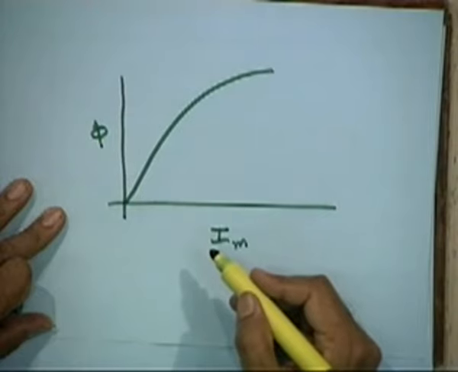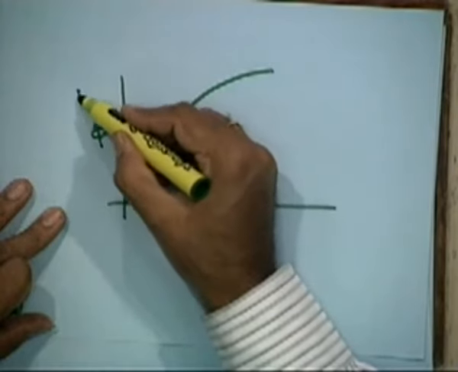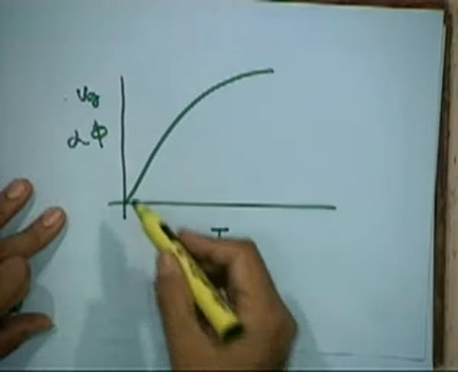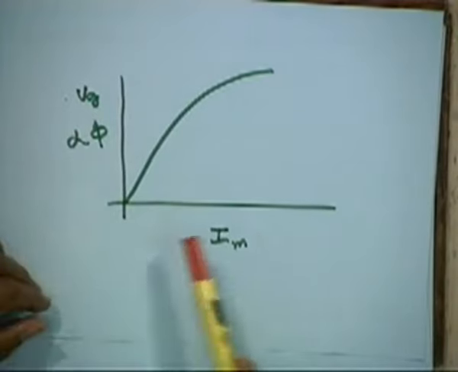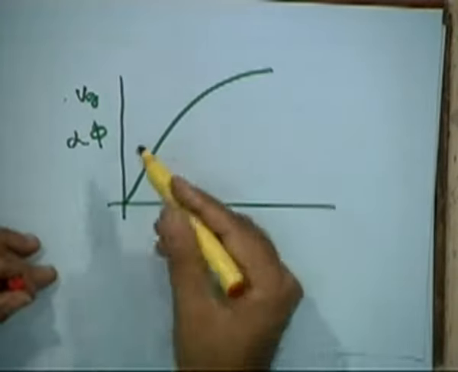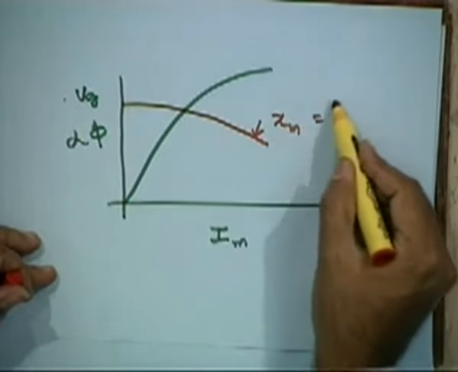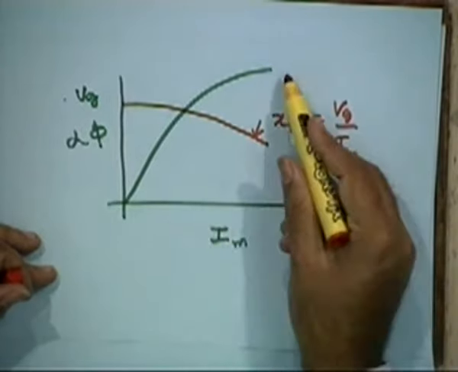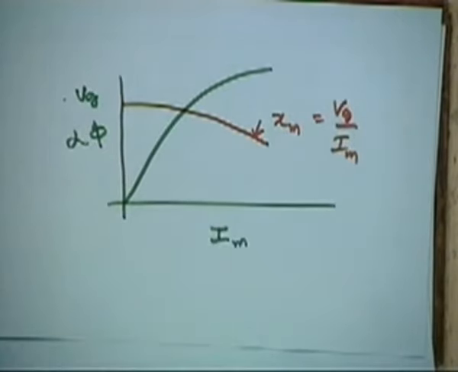That's why it's called air gap; it's not totally air. So Vg is proportional to flux: the air gap voltage is proportional to the air gap flux, phi SR. Therefore, if the magnetizing current is more, then your Xm may go down, because Xm is nothing but Vg by Im, because of the nonlinear relation. So the operating voltage will have a bearing on the magnetizing reactance.